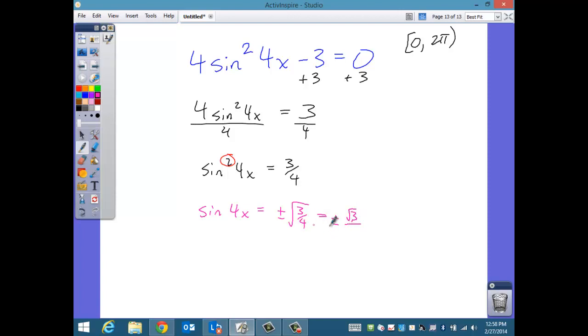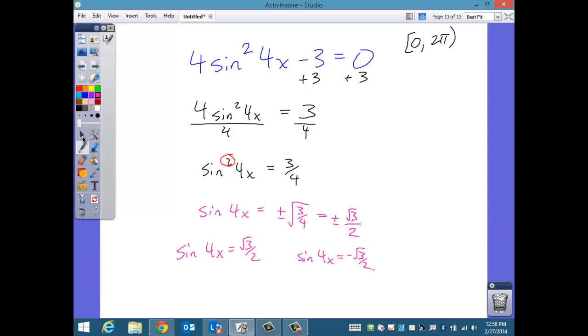And of course, the square root of 4 is 2. So this is actually a fairly familiar thing: square root of 3/2. We should recognize that from the unit circle. So what we have now is that the sine of 4x equals, and I can even make two equations out of this, the sine of 4x equals positive root 3/2, and the sine of 4x equals negative root 3/2.